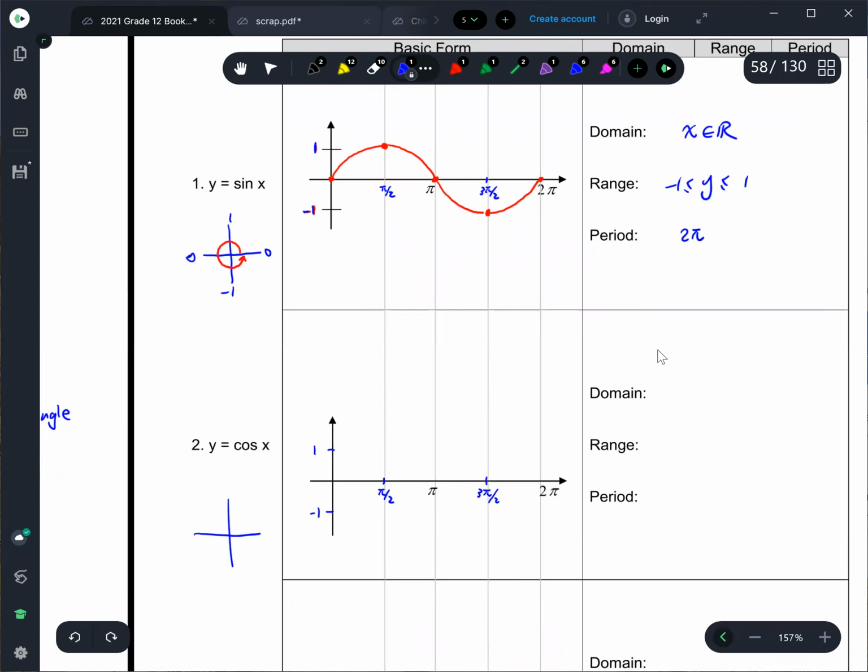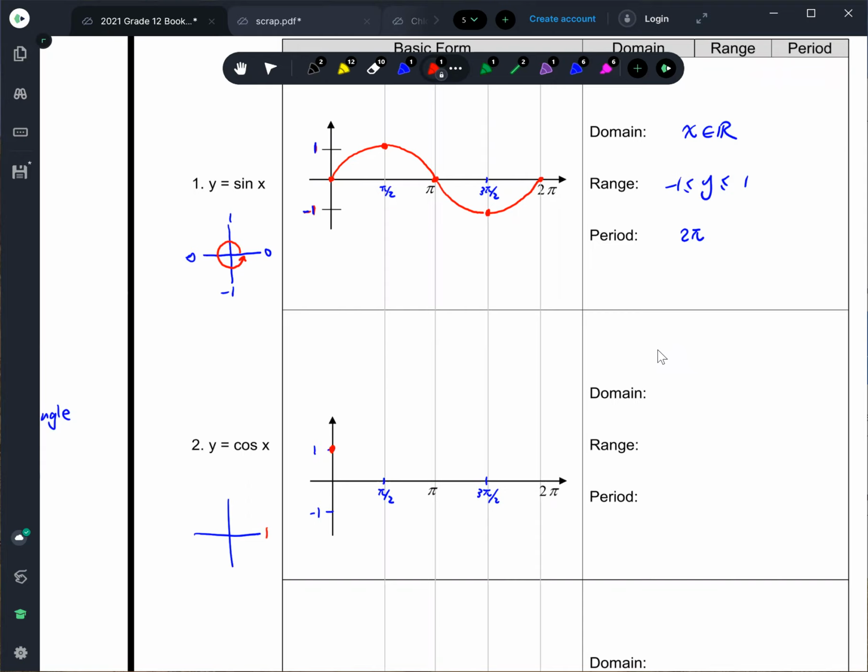Okay, so for a cosine graph, where is the first point, Angela? 1. Yeah, very good. We start at 1 because for cosine, it will start at 1 here. And the next point is at pi over 2 and what, Lily?